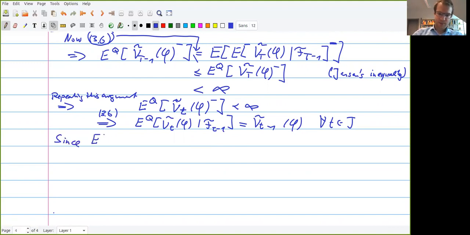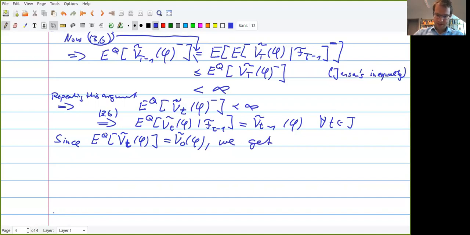What we know here is that this is true, right? But this is just iterating, just a telescoping argument using the line above here.